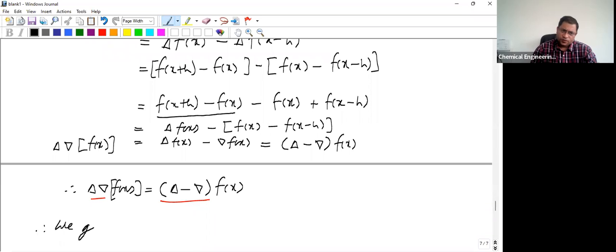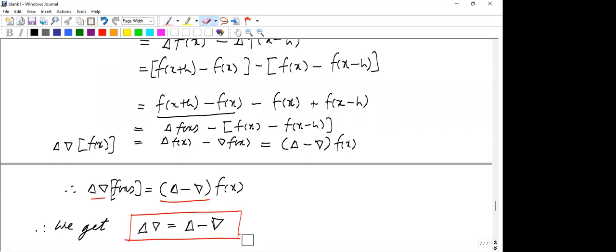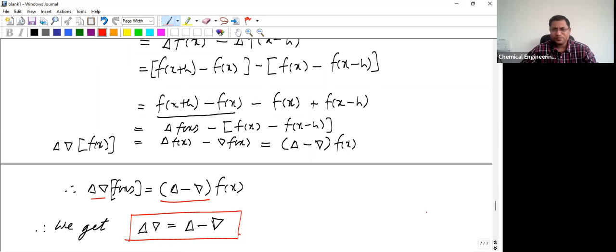Hence, we get delta del is the same as delta minus del. Is that okay? Can we write it like this? Are you getting this? Yes, sir.